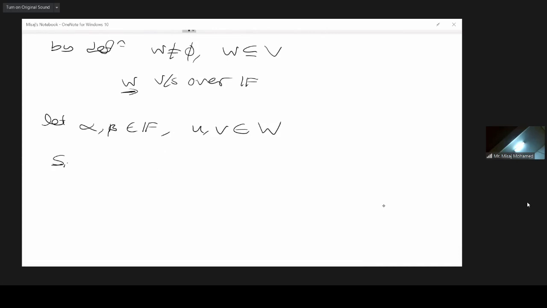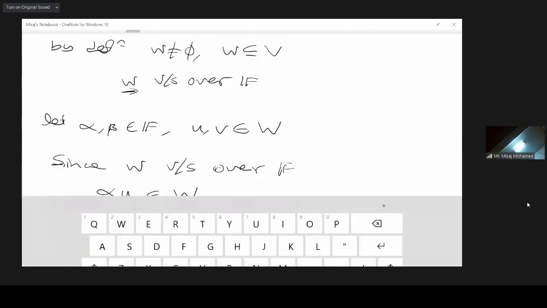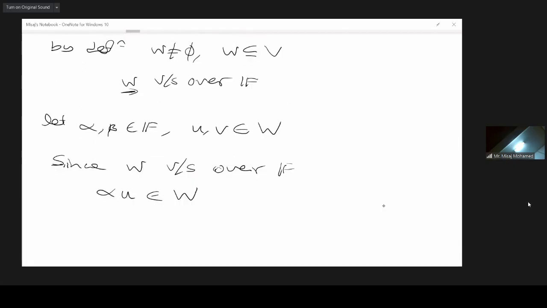Since W is a vector space over F, alpha U is in W. Is it correct? Scalar multiply with the vector. I have used the definition that W is a vector space.